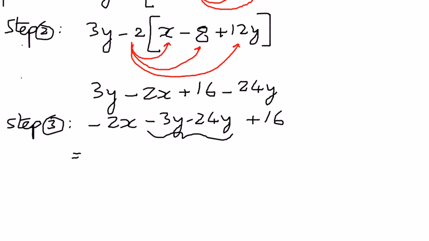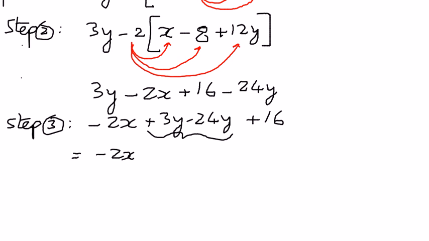So now we'll combine, and then we'll write out our final answer. Negative 2x and then 3y minus 24y. So in here we have a positive 3y. We want to be careful about writing down similar terms, and then when we add them, we want to be able to add them correctly.